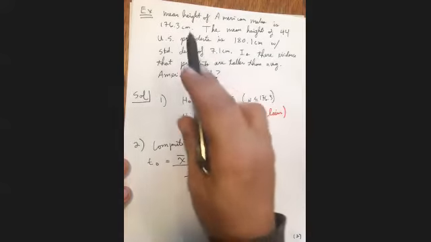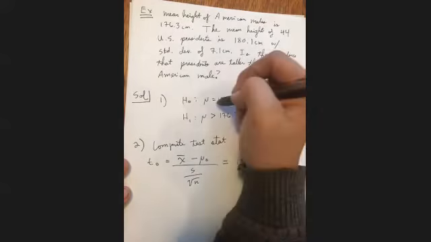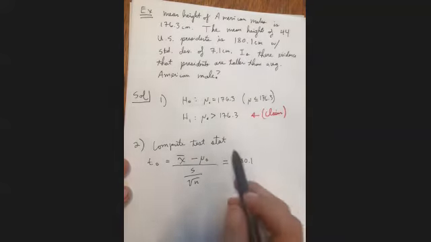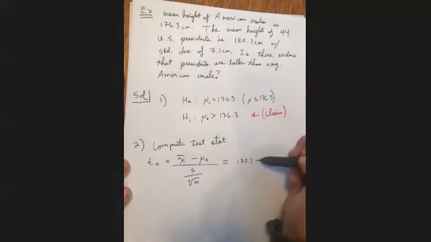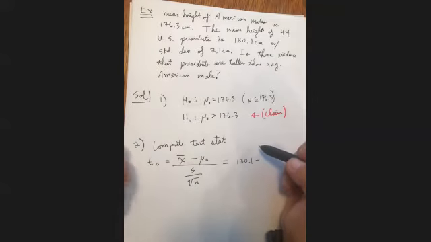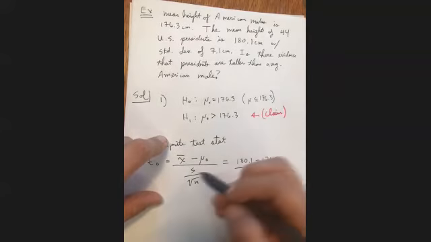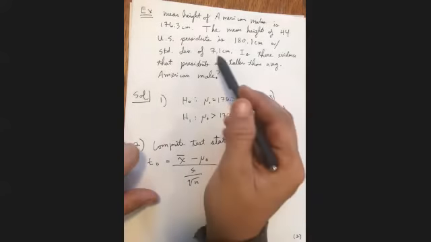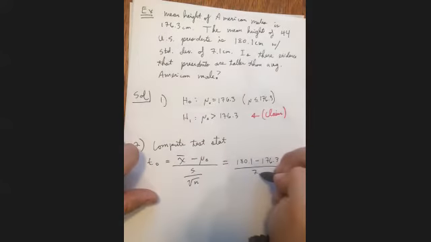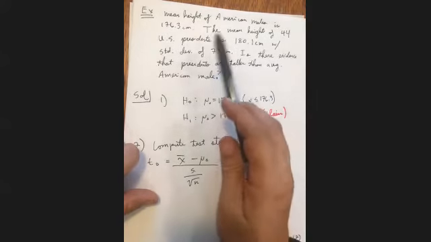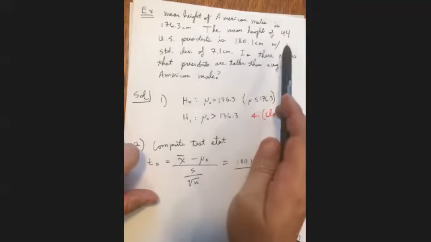Mu naught is the population mean, which is 176.3. S is the sample standard deviation, which we're told was 7.1. And N is the sample size, which is 44.